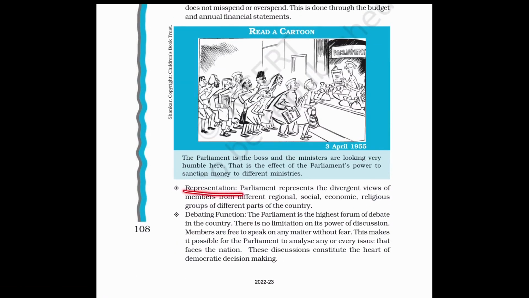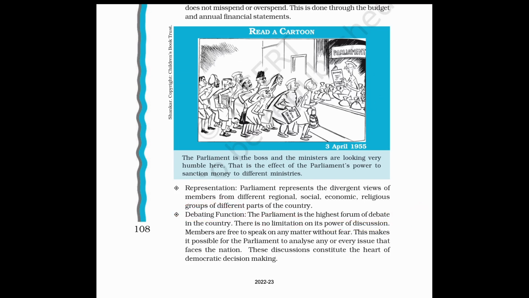Next is representation. Representation is very clear. It is representative democracy only, especially in India. So parliament represents the divergent views of members, whether they belong to different regional, social, economic or religious groups, whatsoever. Debating function: it is the highest forum of debate because it gives that platform, and there is no limitation on the power of discussion.